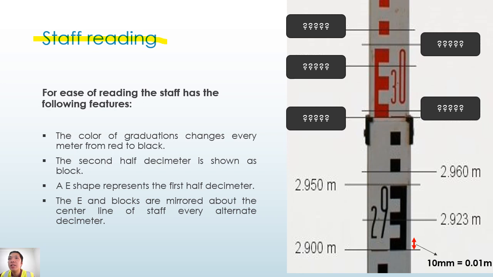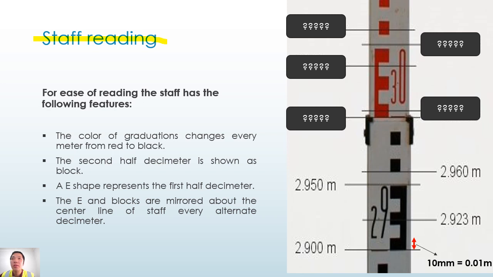If your telescope line is somewhere in the middle of a solid block or somewhere in the middle of a blank block like this, you need to do your own adjustment and see how many millimeters you're going to add from the nearest numbers on the staff.